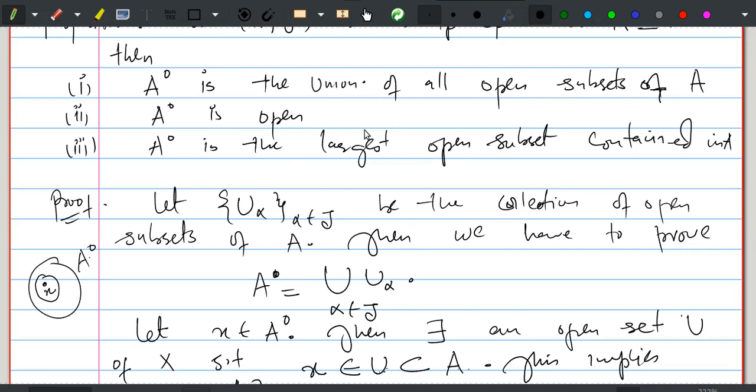Now let us move towards continuous functions. So this is the definition.